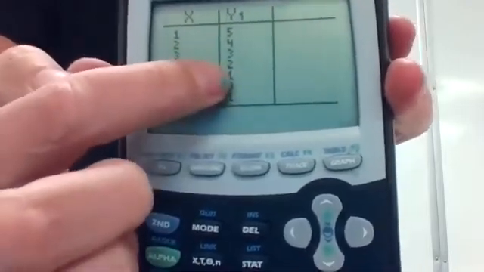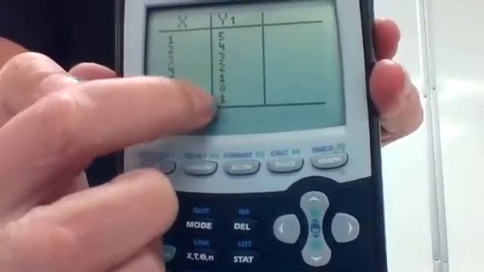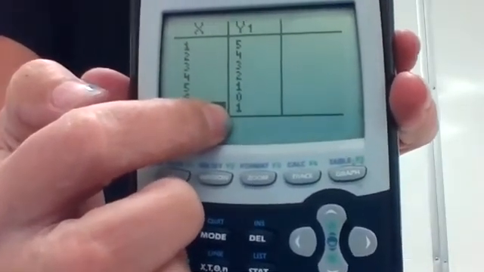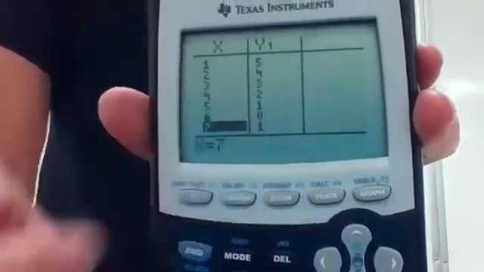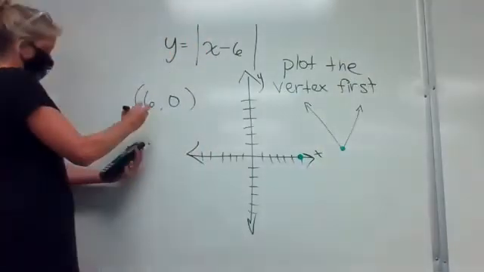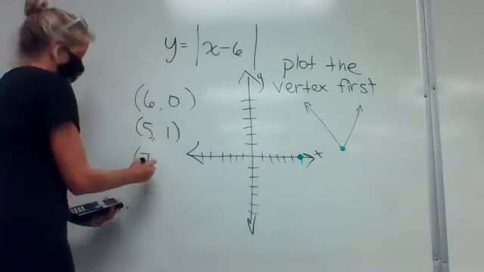Okay, again, just like the U shape, the V is symmetrical, right? One side mirrors the other. So even though MATLAB is going to make me only plot one more point, I'm going to plot these two, right? The y's being the same is what makes it mirror. So it's going to mirror at 5, 1 and 7, 1.